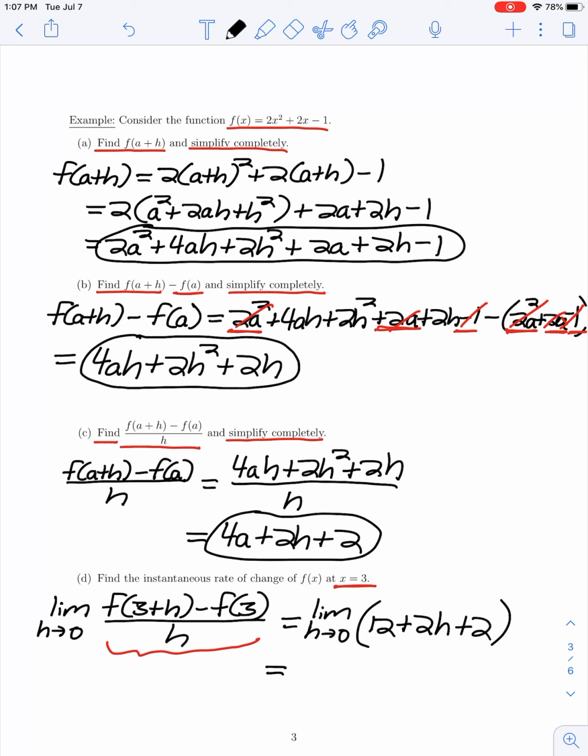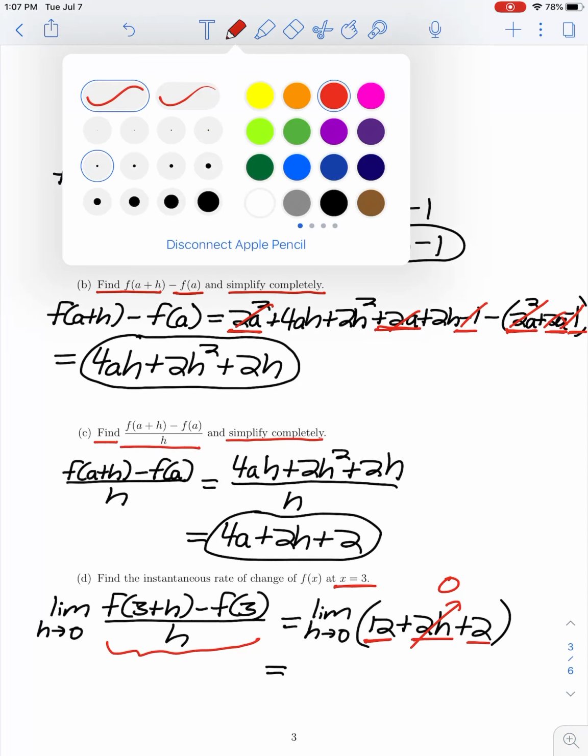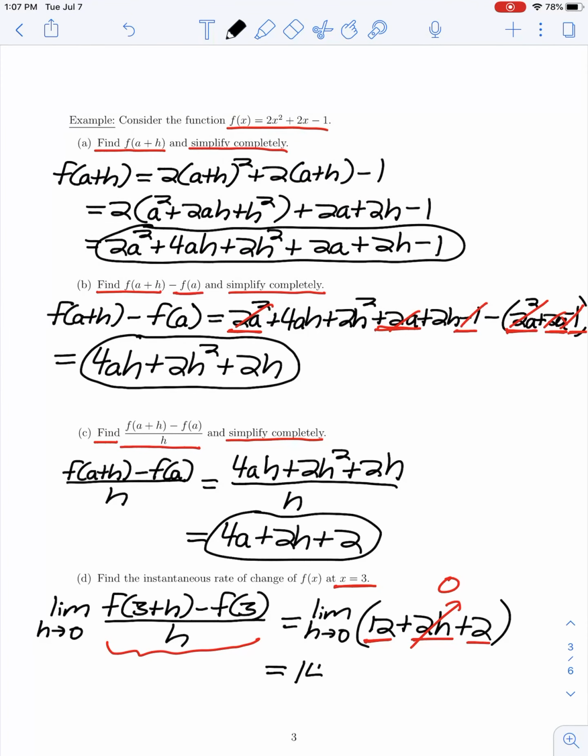So taking a limit as h approaches 0, well, this 2h term, when we plug in 0, has a limiting value of 0, and we're left with 12 plus 2, which is 14. So for this function, the instantaneous rate of change at x equals 3 is given by 14.